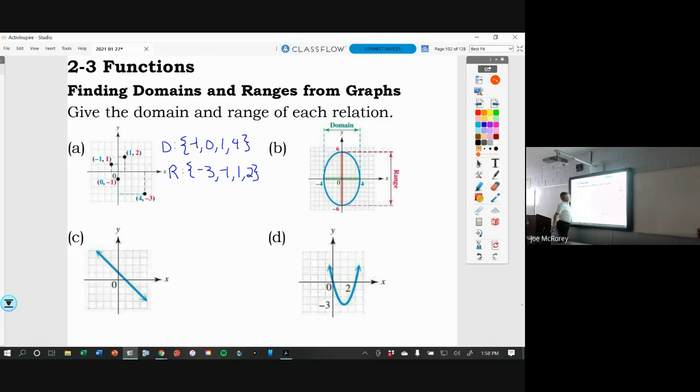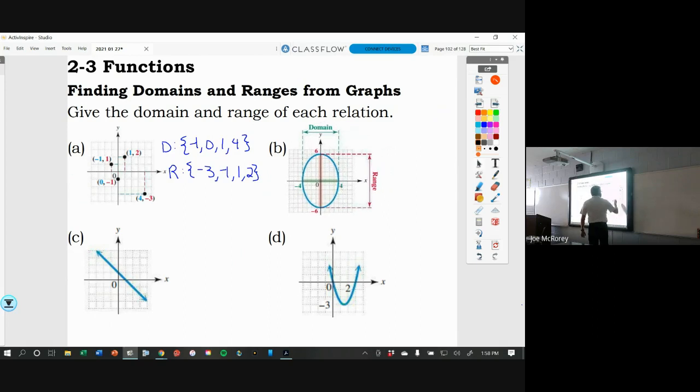Is it a function? Oh wait, never mind, it doesn't ask. You're like two slides ahead. Not a function. Okay, how about the domain of B?